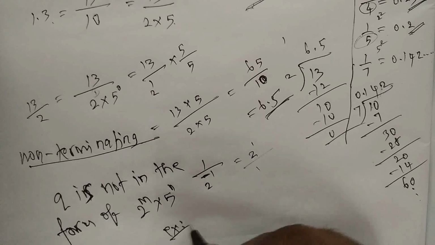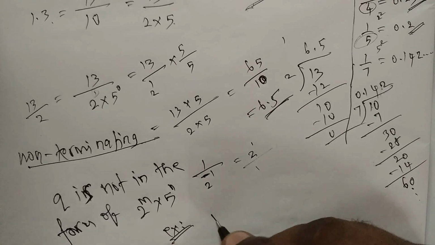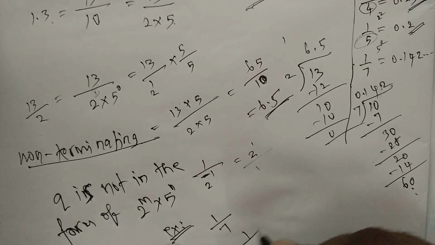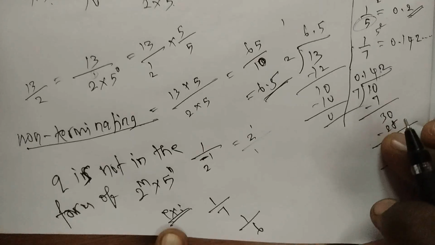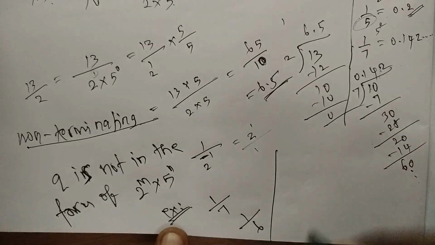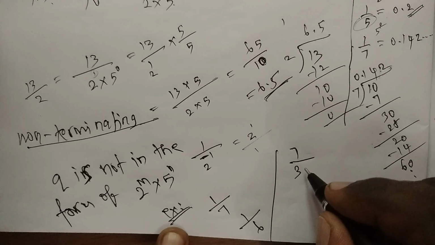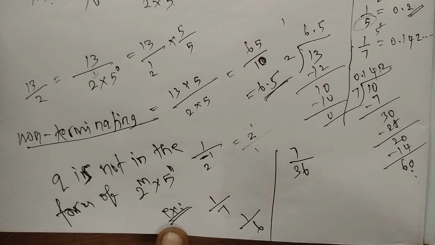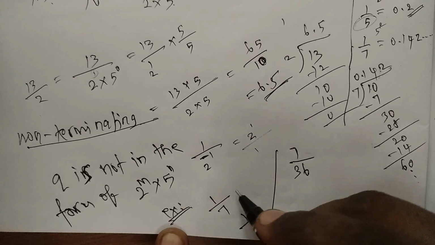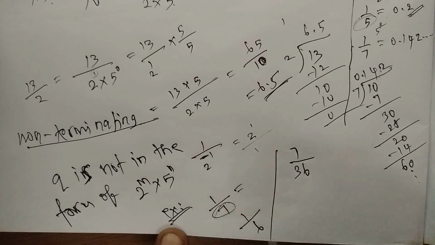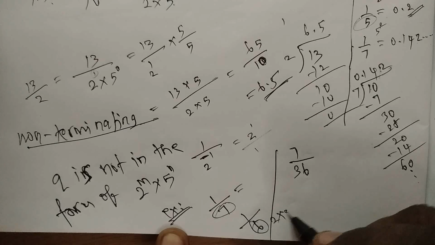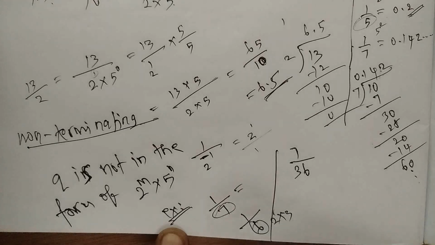Examples I'm giving: 1 by 7, 1 by 6, and next 7 by 36, like these numbers. Why I'm telling this: 6 is 2 into 3. 2 we have, but 3 we don't need.